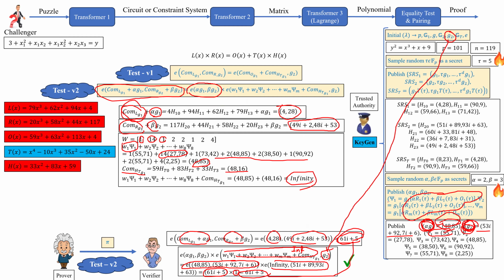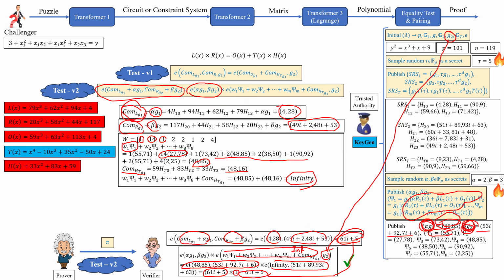So the architecture of the circuit is now part of the public parameter, and the prover generates the proof based on those public parameters, which are bound to the architecture of the circuit.